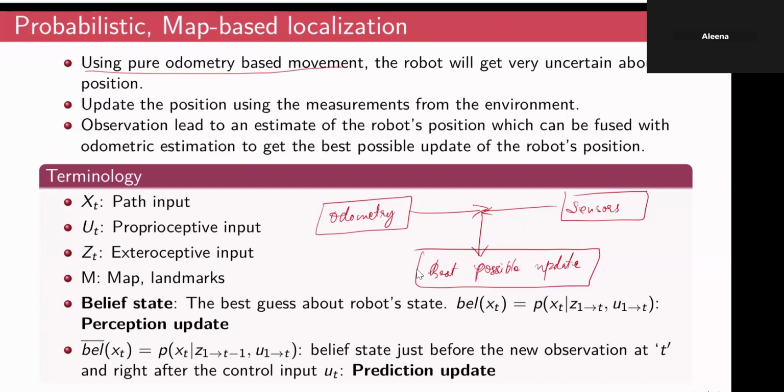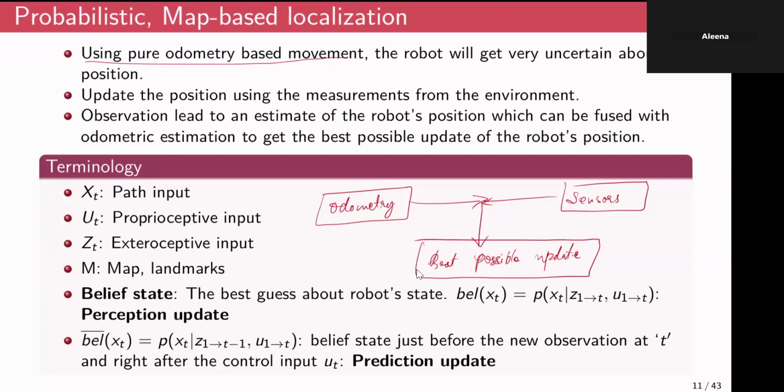So how can we do that in a mathematical sense? Before we explain the procedure, let's look at the parameters that are involved. We'll call xt the path or the current position coordinates, X, Y, Z. We denote all of them collectively as xt, and ut you can consider to be the proprioceptive inputs, the inputs that you are giving to the wheels, right?